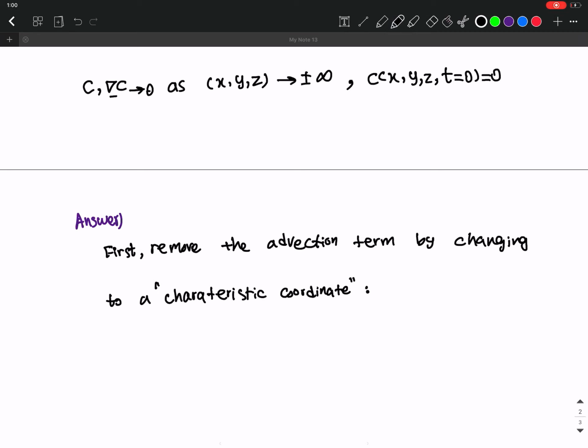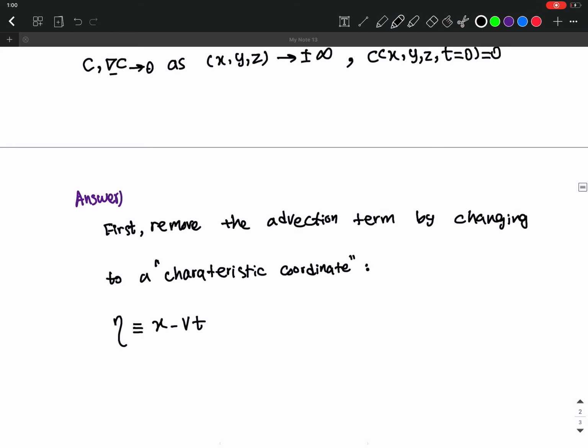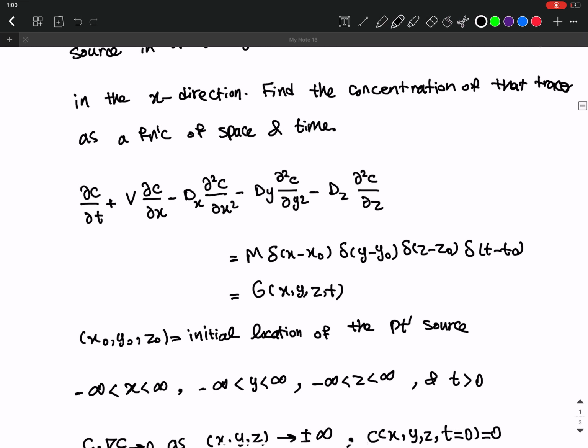Okay, so I'm gonna define a characteristic coordinate, eta, which is defined as x minus vt, and then I just change the variables here based on this new characteristic coordinate. It's similar to the previous problem.